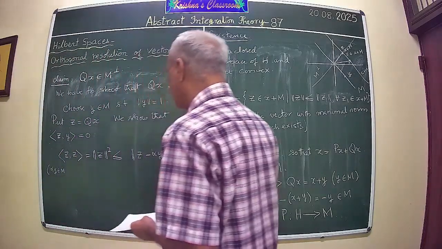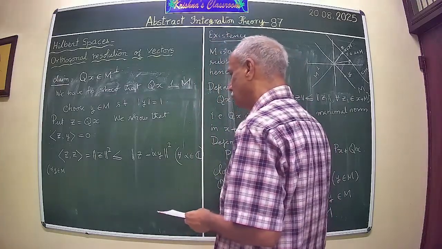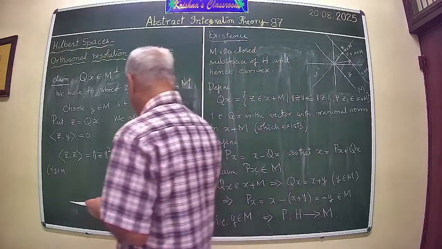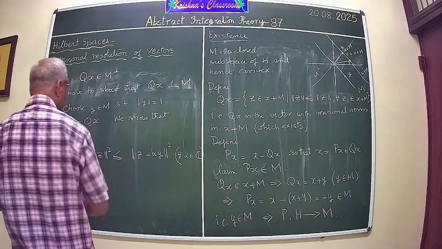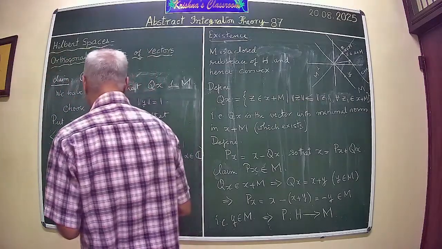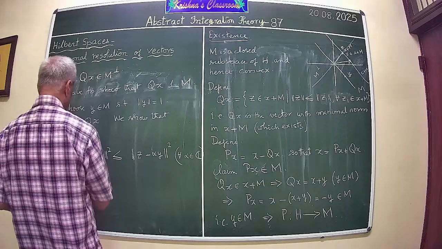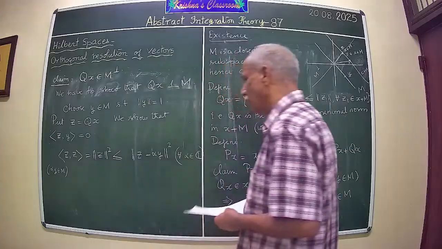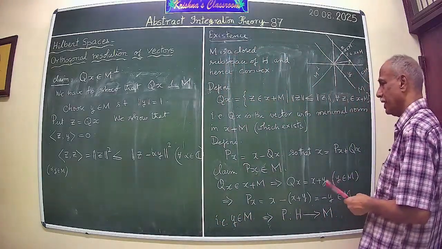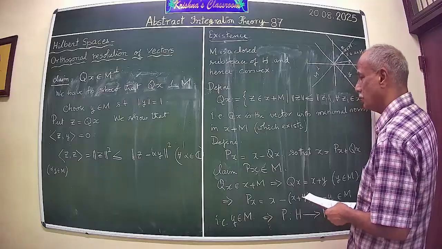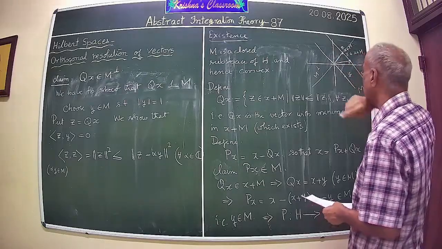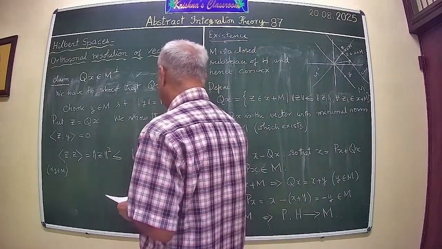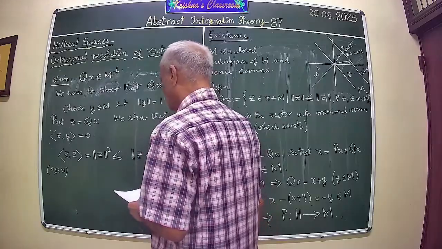Therefore, this is some other element of M. So this is minimum, and z minus alpha y is in M. Therefore, sorry.